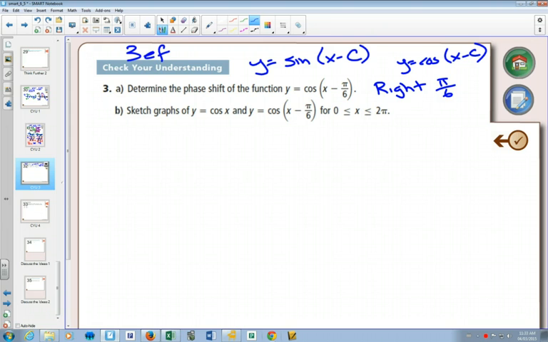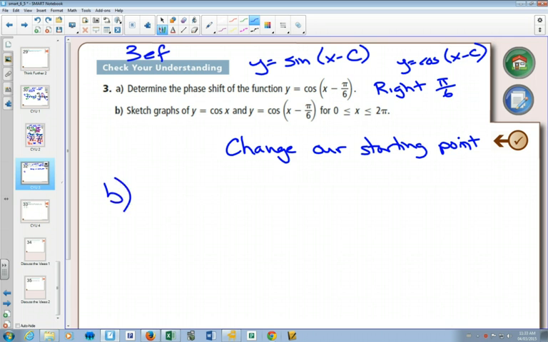Because the key thing that we're going to talk about for a shortcut is that this is going to change our starting point. And by starting point, for a sine graph, I said it always starts on the sinusoidal axis going up. And a cos graph always starts at a maximum. Well, where that starting point now is going to change because we're moving it left and right.